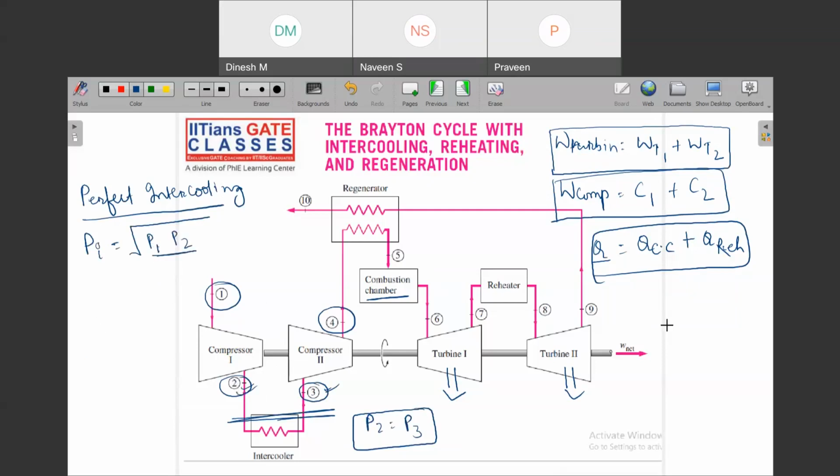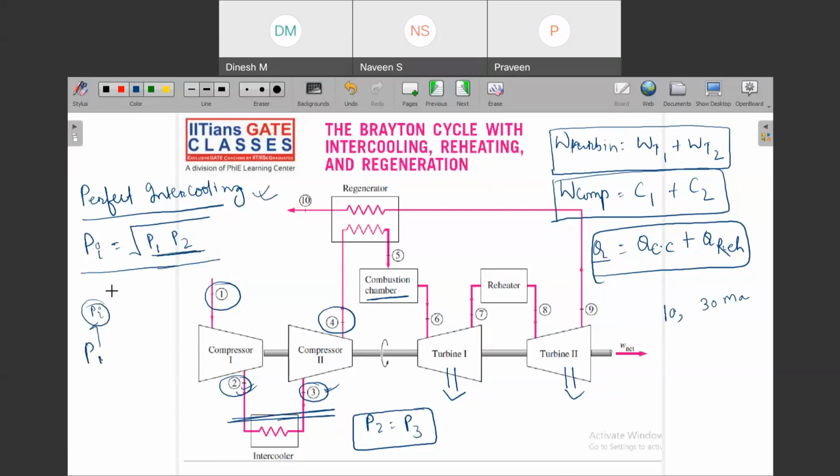Got the idea? Let us say that the initial pressure was 10 megapascal and the final pressure is 30 megapascal. Then in the first compression, from P1 you are compressing till Pi. So what is the magnitude of this Pi? This is the square root of P1 and P2 for perfect intercooling.